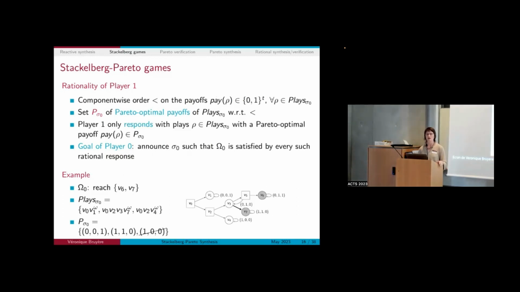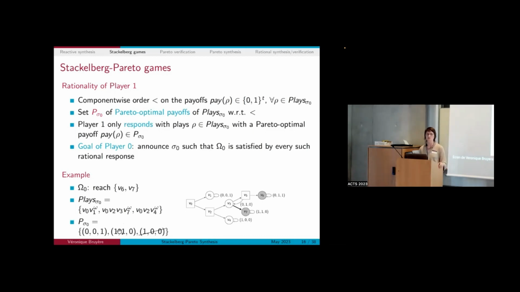It means that the best for him is to use the maximal Boolean vectors with respect to this order. So in my example, for instance, this payoff is not Pareto optimal because there is a greater one here. And so the rationality for the environment is only to follow these first two plays with those Pareto optimal payoffs.